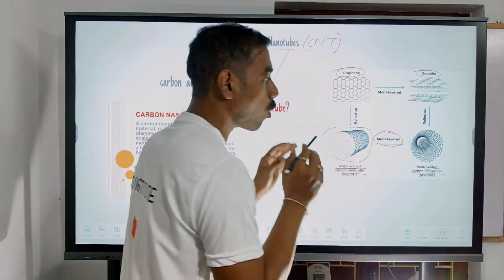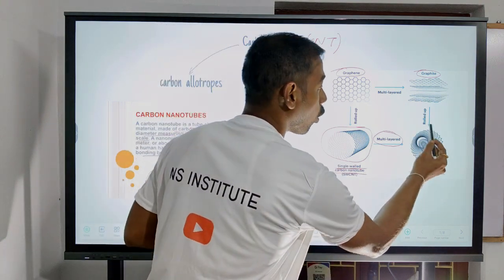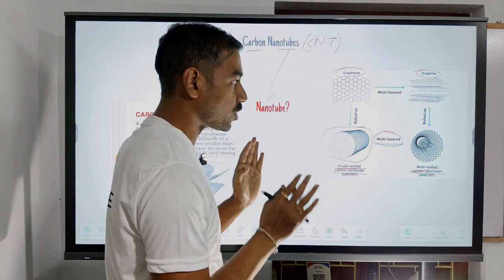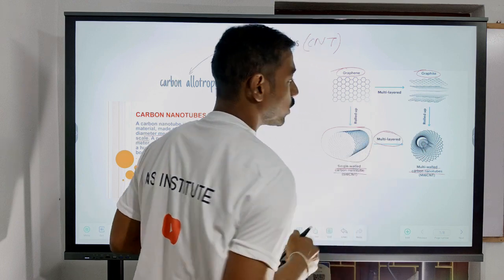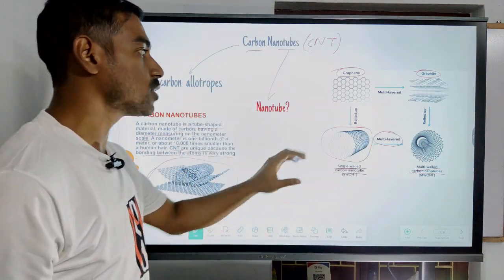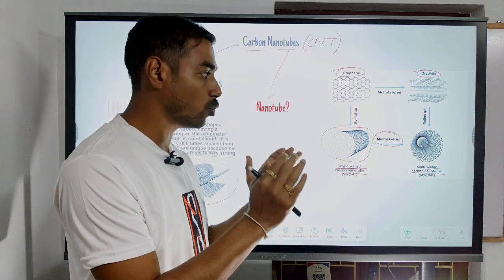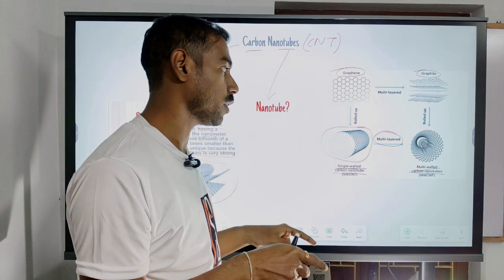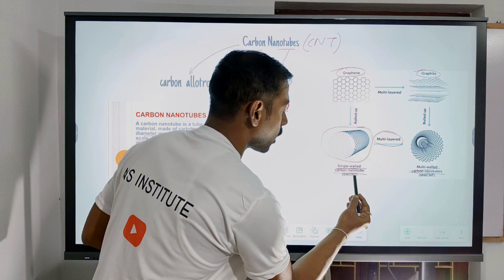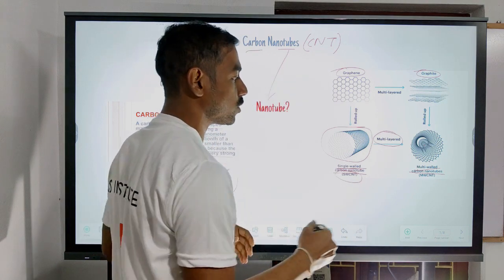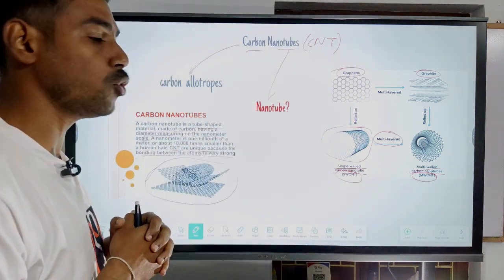Concentrically means that the center of each hollow tube will be the same, like this will be the center. Therefore they are arranged concentrically in the cylindrical shape. Single walled carbon nanotubes can be written in short form as SWCNT, and multi-walled carbon nanotubes as MWCNT.